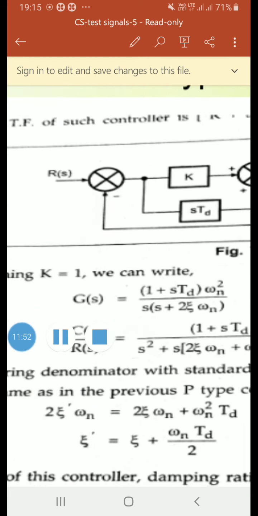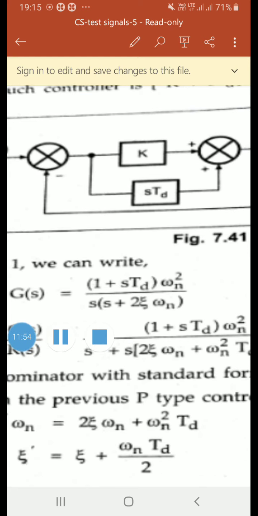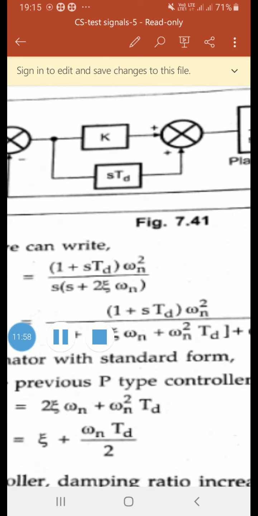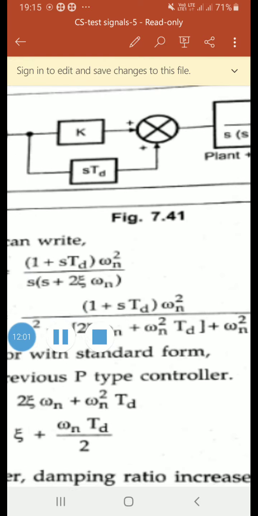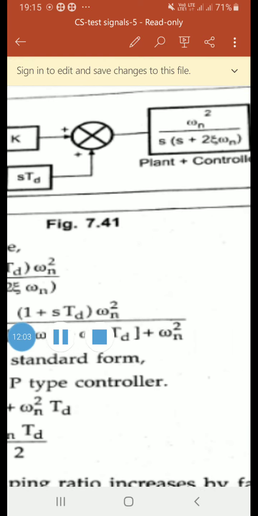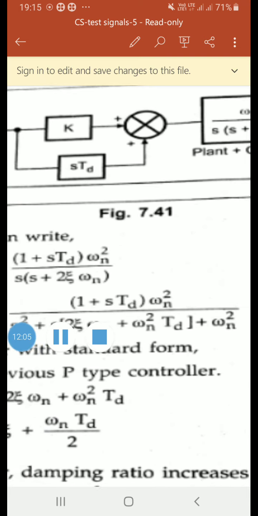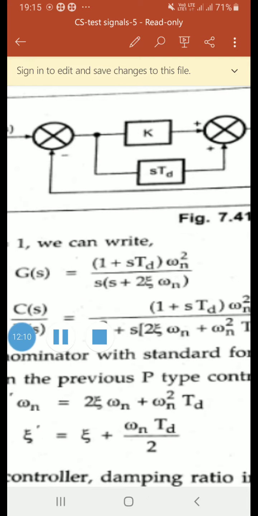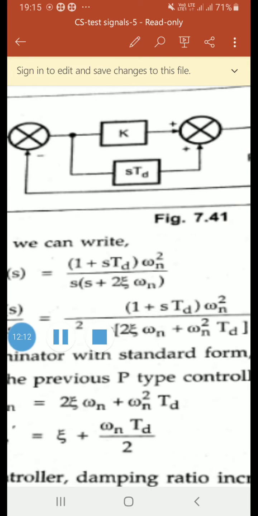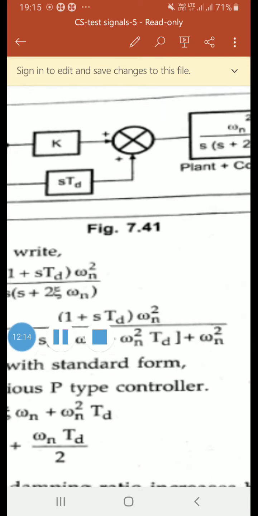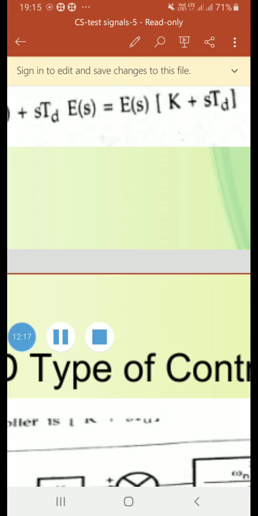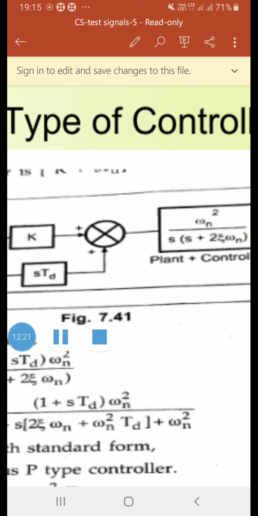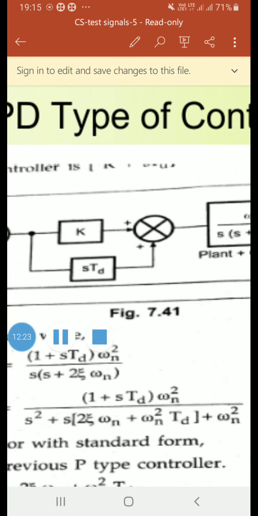Let us assume K is equal to 1, we can write G of s. So what will be G of s? 1 plus s Td into bracket omega n square by s into bracket s plus 2 damping ratio omega n. These two blocks, K plus s Td and omega n square by s into bracket s plus 2 damping ratio omega n, are in series.